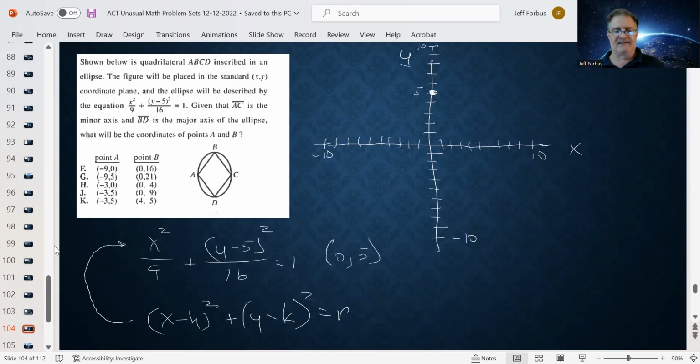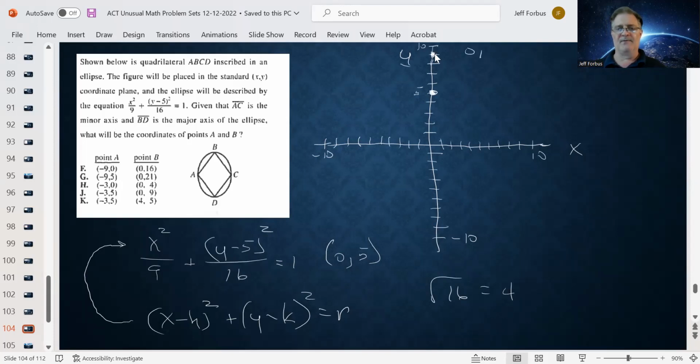The 16 is associated with the y portion of the equation. So therefore, if we take the square root of 16, we get 4.